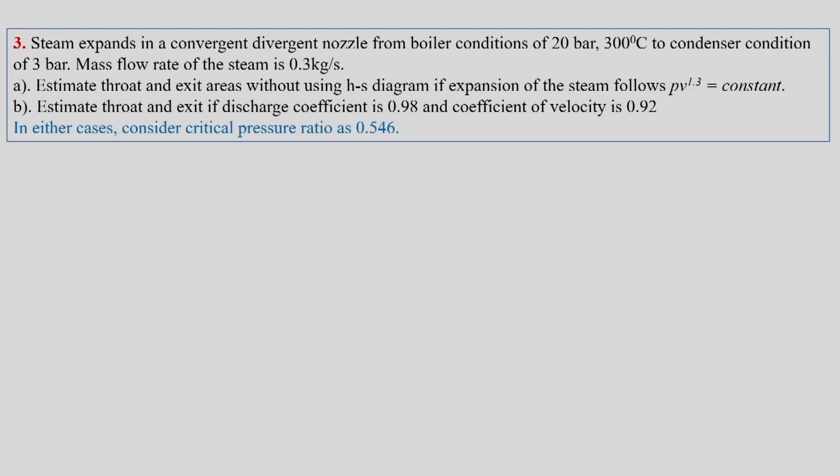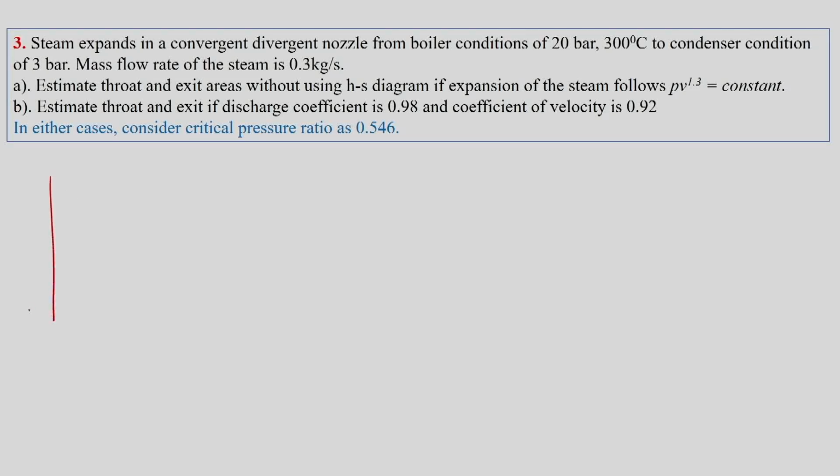Estimate throat and exit areas without using HS diagram if expansion of the steam follows PV raised to 1.3 is equal to constant. Also estimate throat and exit areas if the discharge coefficient is 0.98 and the velocity coefficient is 0.9. In either case, consider critical pressure ratio as 0.546.